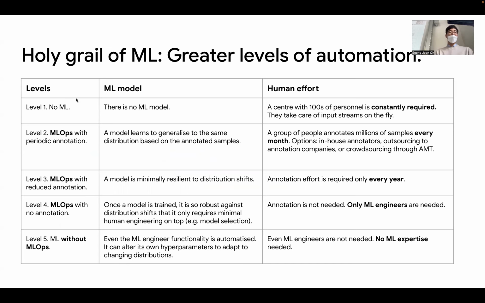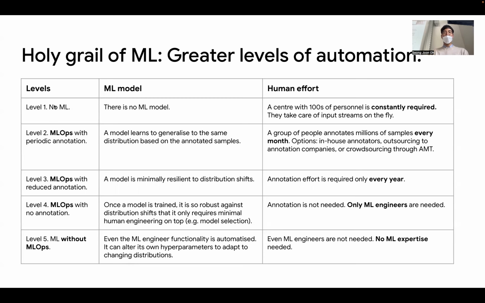Level 1 is no machine learning at all. Level 2 up to level 4 is MLOps with some degrees of automation. And level 5 is you get over MLOps altogether, right? You just have an automatic system which takes care of your model all the time.